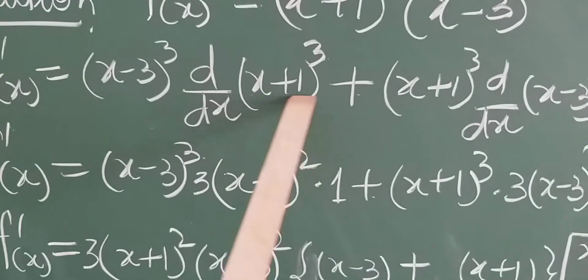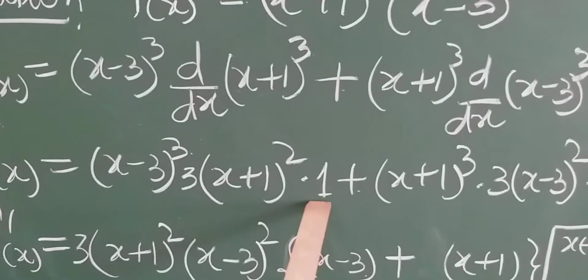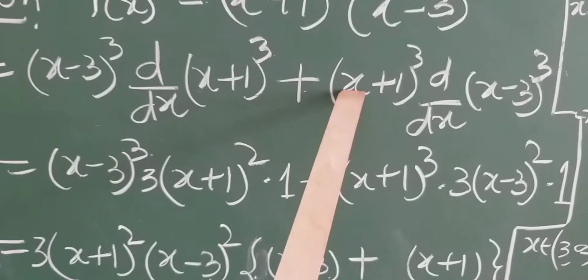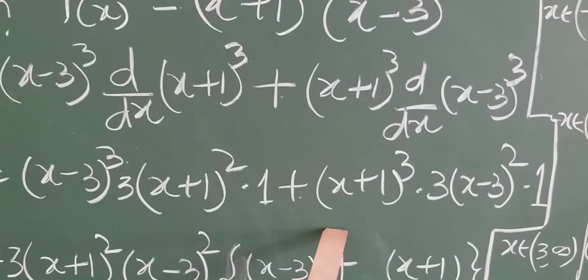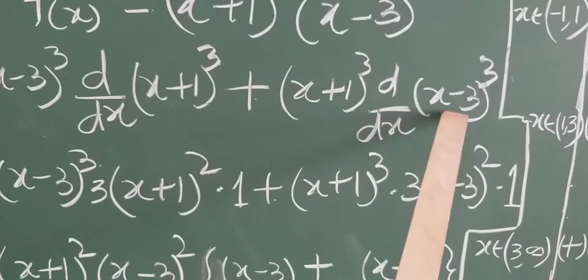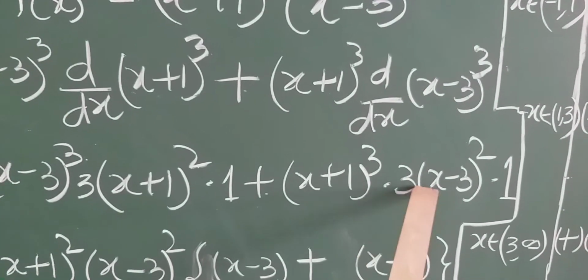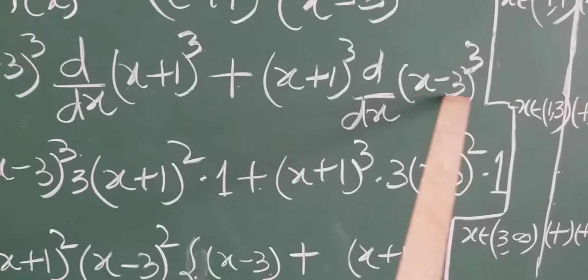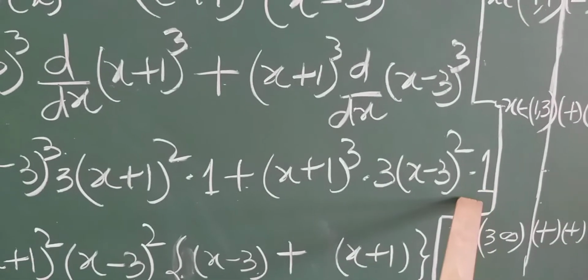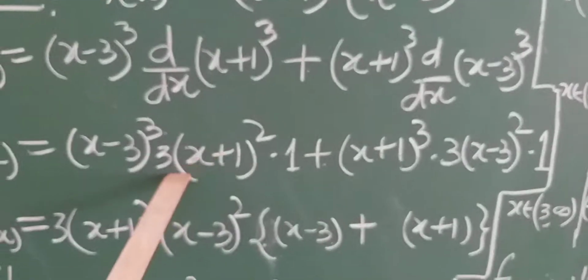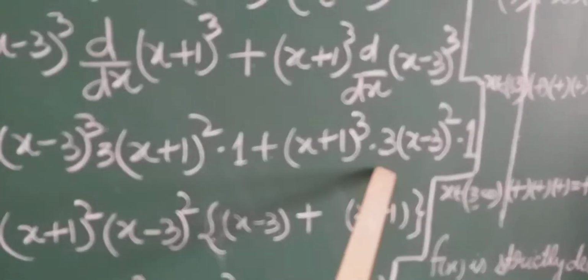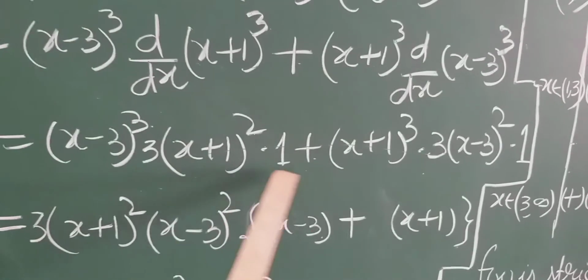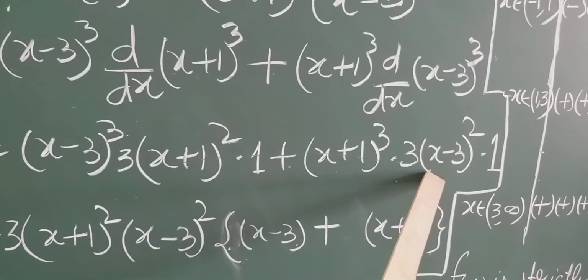Now the inside derivative, student, is 1, plus (x plus 1) whole cube as it is, the derivative of (x minus 3) whole cube is 3(x minus 3) whole square, and the inside derivative will be 1. Let us take common, students. 3 is common, (x plus 1) whole square is common, and (x minus 3) whole square is common.